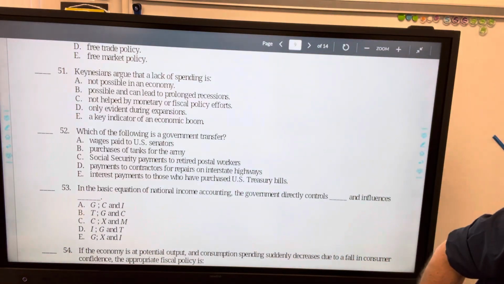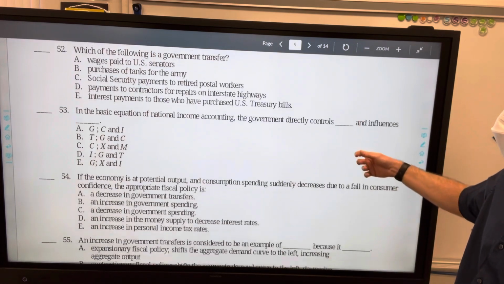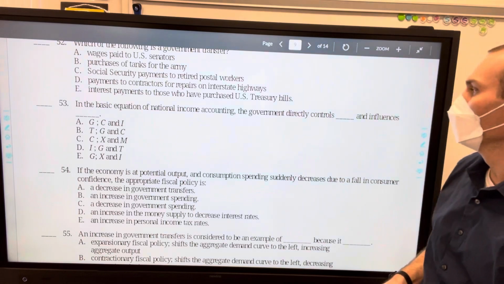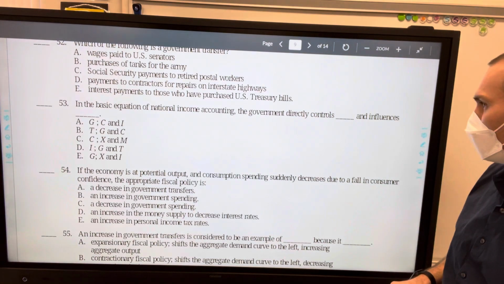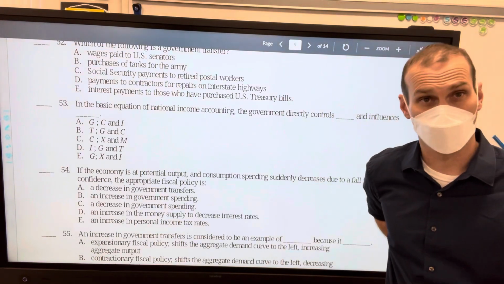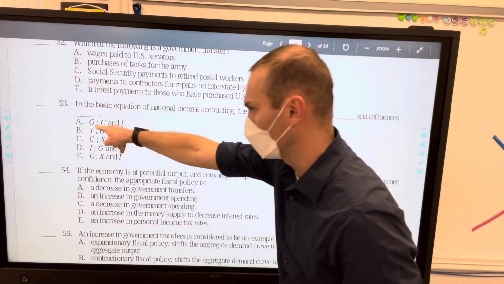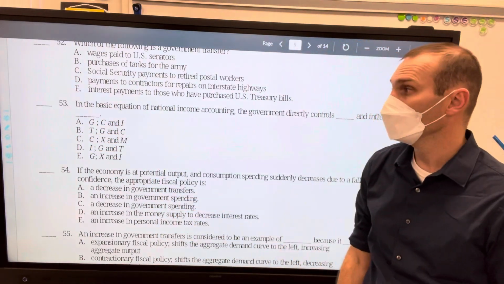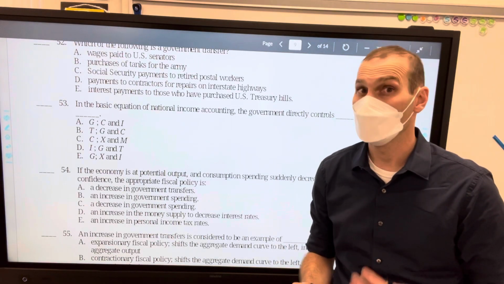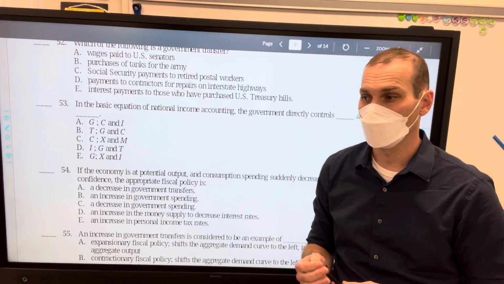All right, the next question we have is 53. All right, there's 53. It said, in the basic equation of national income accounting, the government directly controls blank and influences blank. Okay, so what does the government control when we think of fiscal policy? The answer is the government controls government spending. That's G. However, because they control G and put money in the economy, that can influence investment and it can influence consumer spending.